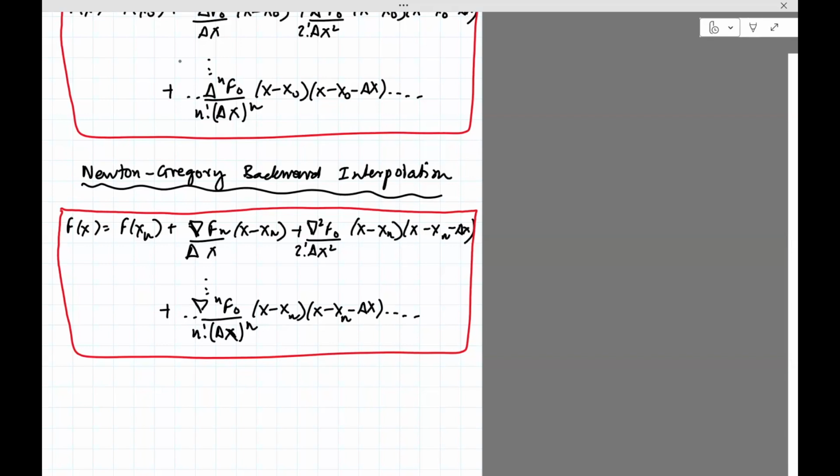You don't have to memorize or write it down even in your exam. I'll show you a trick to do it. So with that, let's solve a problem which will illustrate how to use this.